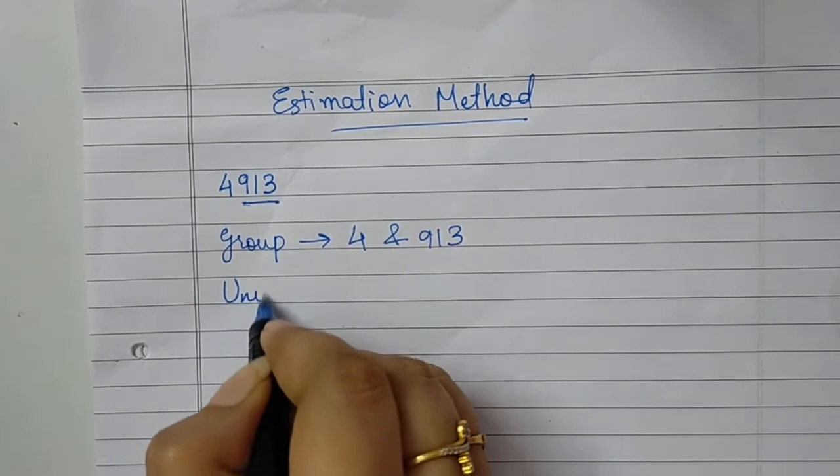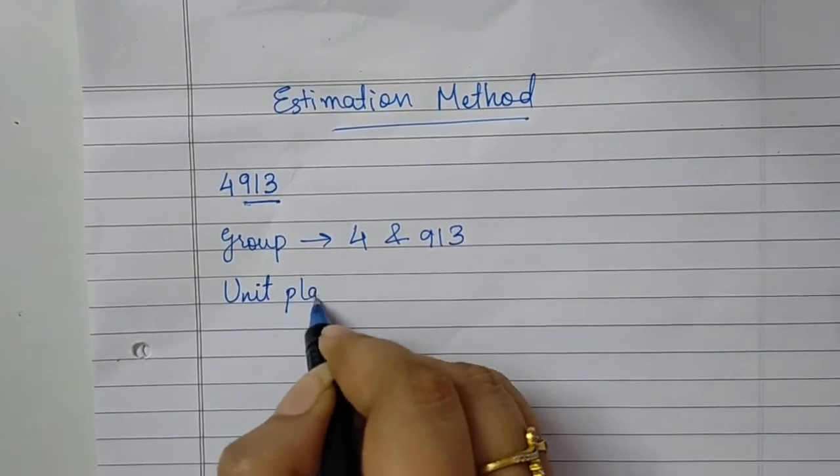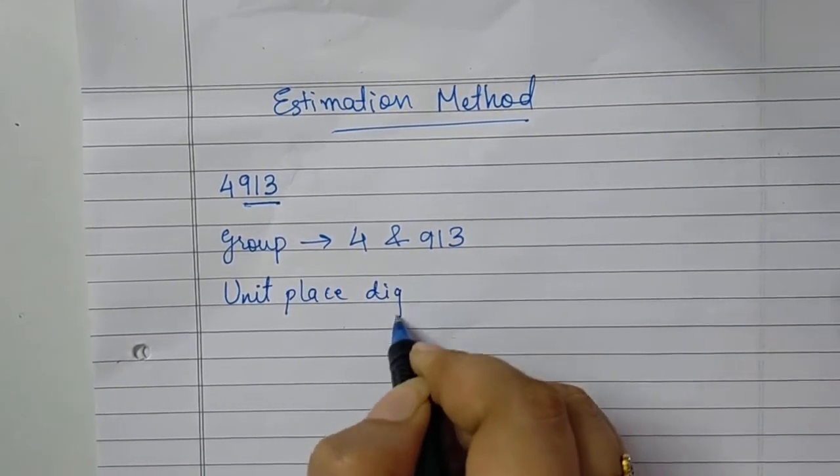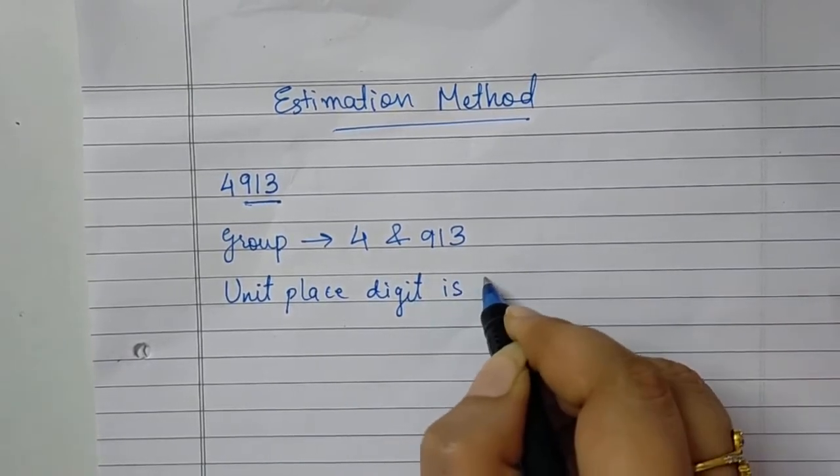Now what is in the units place? The units place digit is 3.